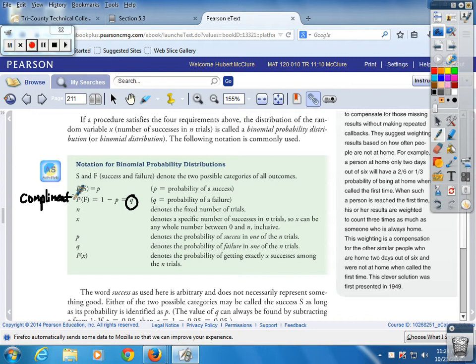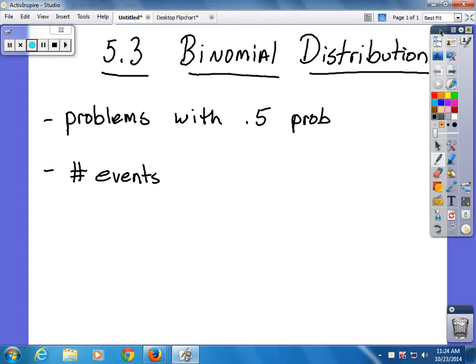N is the number of trials. X is the probability you want. It'll make much more sense when we go through the problems, and you'll see what I'm talking about. Now, the only three that you're really wanting are N, P, and X, in that order.